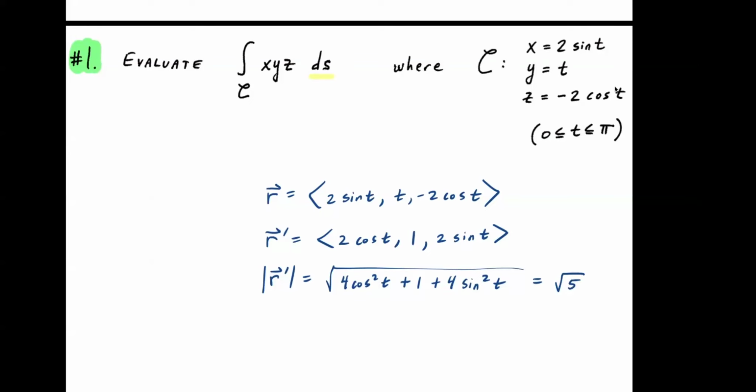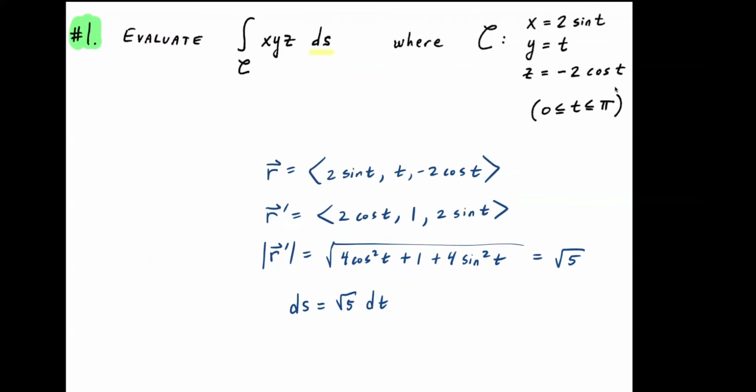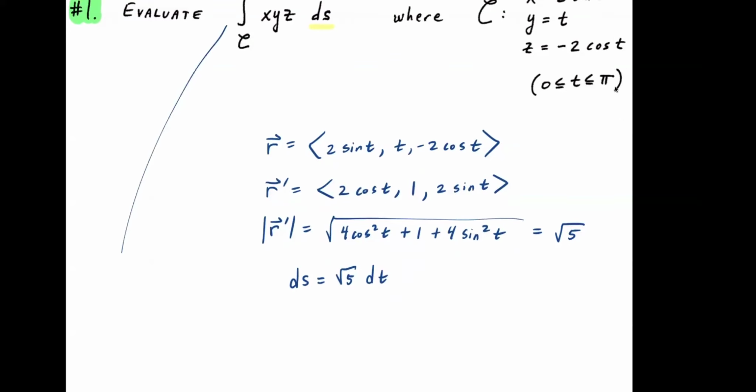In this case, the speed is invariant of the time. It's just a constant. And so we have ds is square root of 5 times dt. Now we have everything we need to set up this integral. Our limits of integration will run from t equals 0 up to pi.